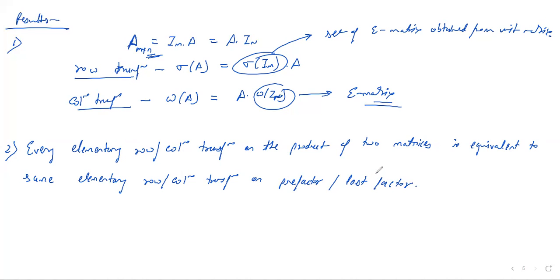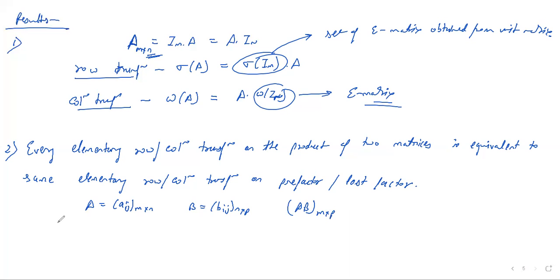Here this is my A, which is Aij of m cross n, and there is another matrix B, which is Bij of n cross p. The multiplication of these two matrices is of order m cross p.